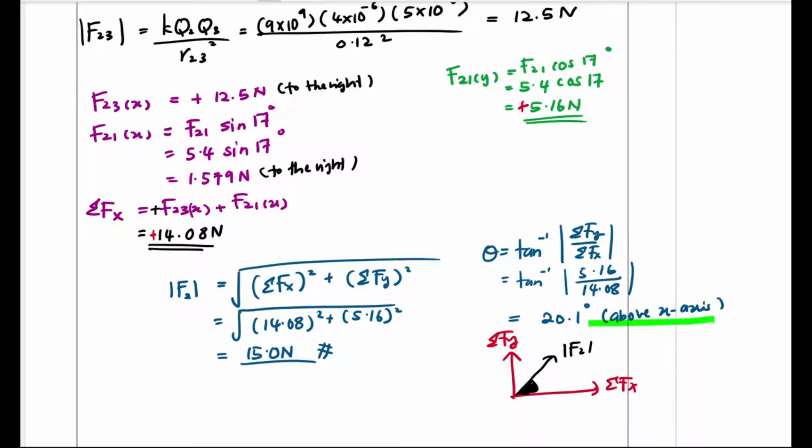And this is the positive x-axis, this is the negative x-axis. Okay. So above positive x-axis. Alright. So we finish question number 5.